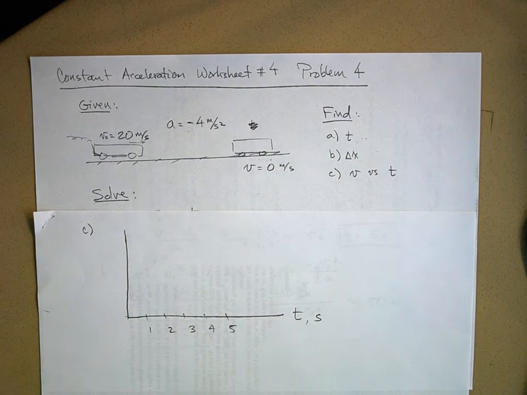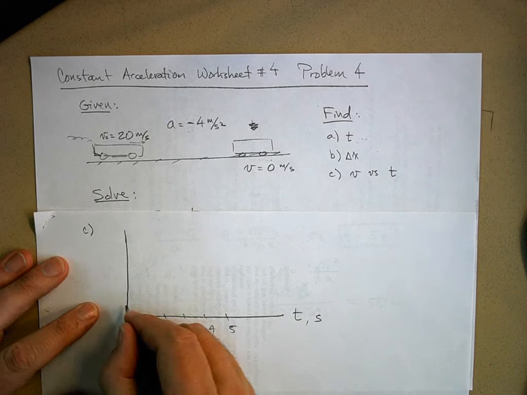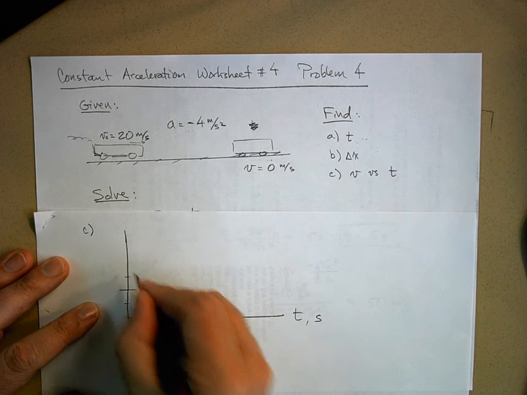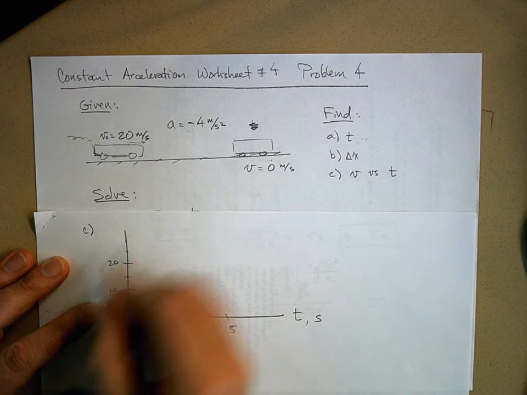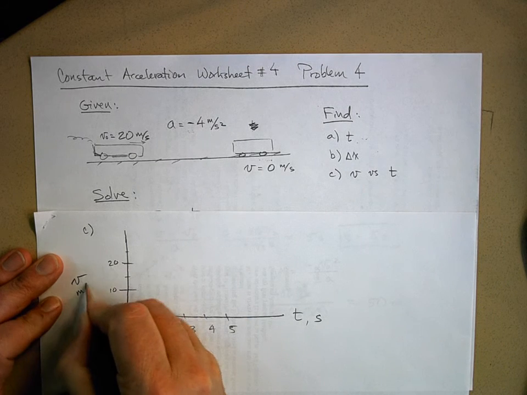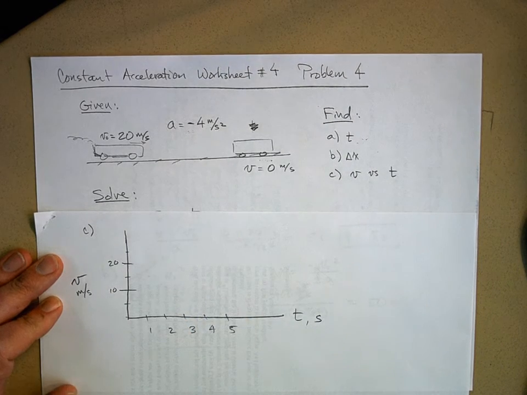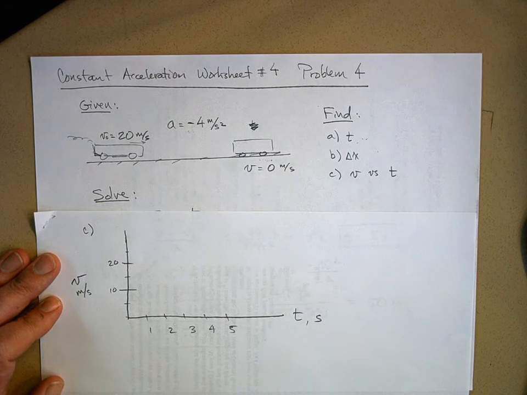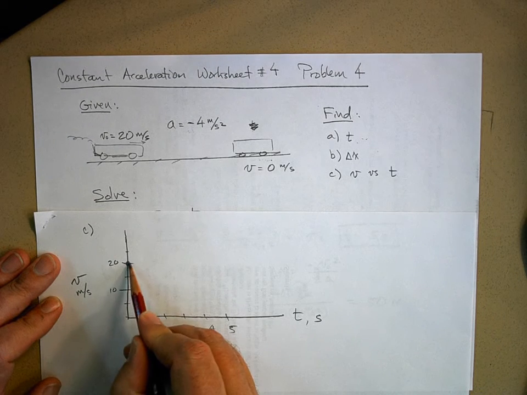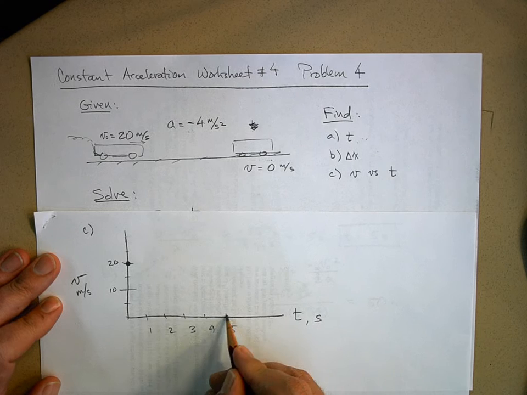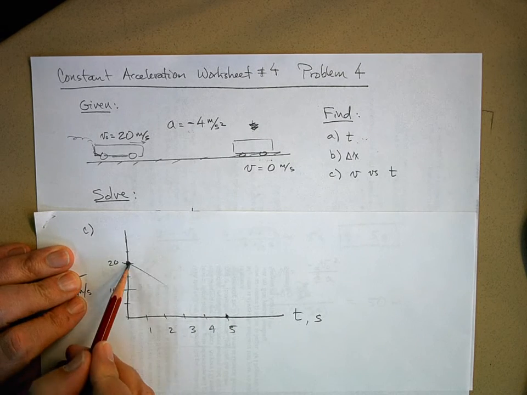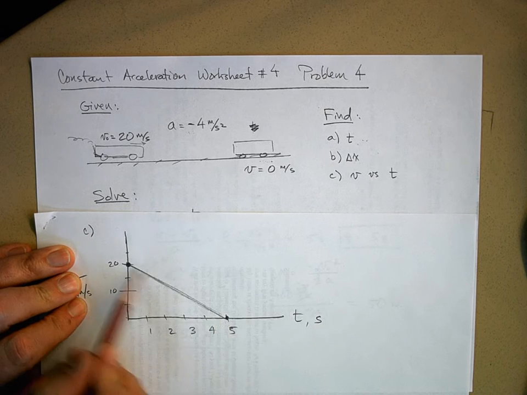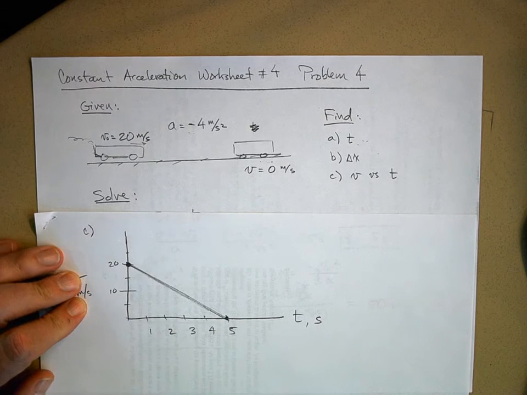It starts at 20 and goes to 0. So I'm going to go 5, 10, 15, 20. And then I'm going to say, oh, this is velocity in meters per second, because I don't want to lose half a point. Now, start at 20, and then we steadily go to 0. And I know this is going to be a straight line, because the acceleration is a constant. And that's my graph.